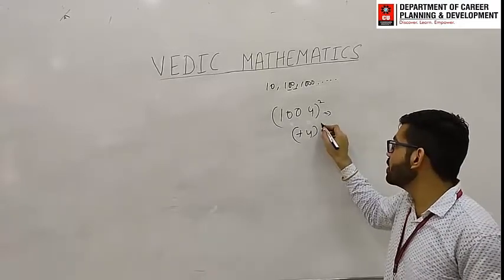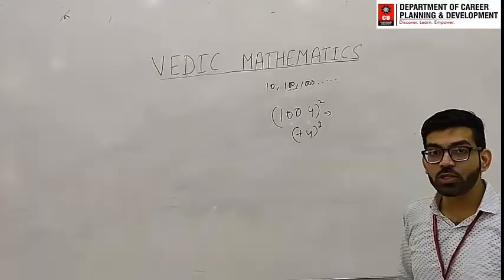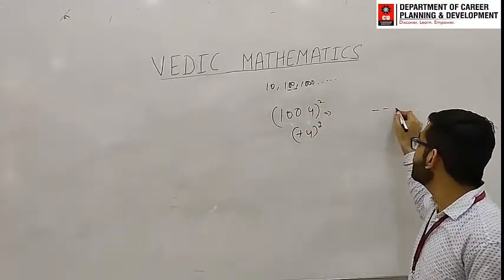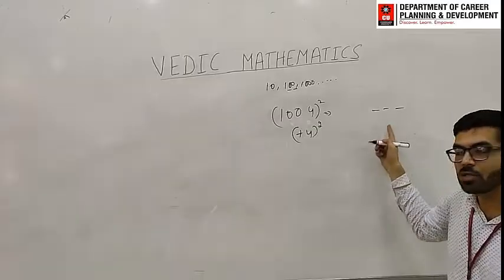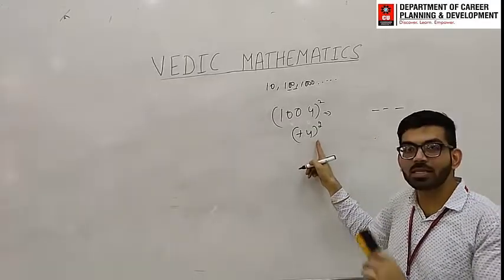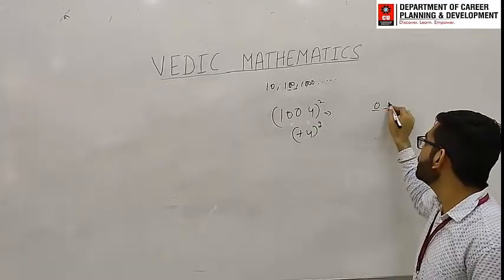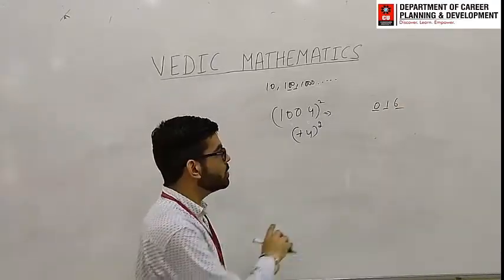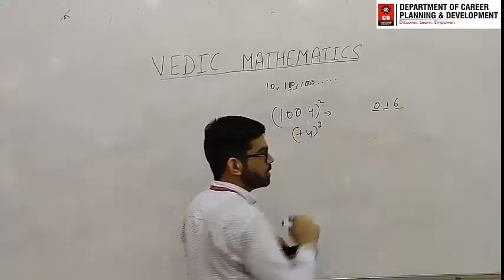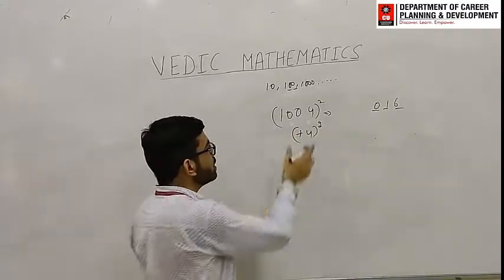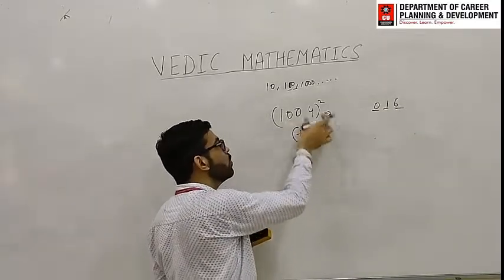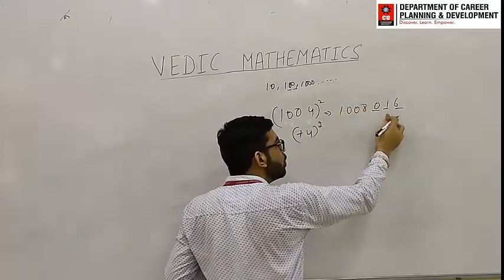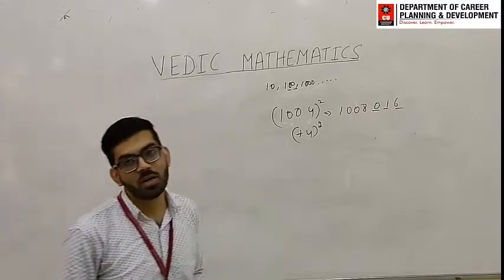In 1000 the number of zeros is 3, so you have to write a 3 digit number, which is the square of 4. Square of 4 is 16, but here you have to write 0, 1, 6, because you need a 3 digit number. Next part, this number is more than 1000 by 4, so add 4 to it. That means 1008, 016. That will be our answer.